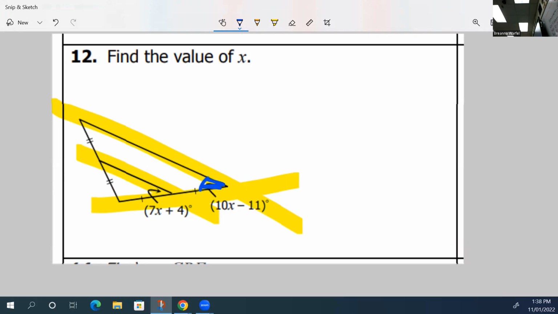So you have this angle and this angle. If you're looking at your 4 angles, you know that those are congruent. These are all congruent, and then your big angles are all congruent, if you forgot about that.